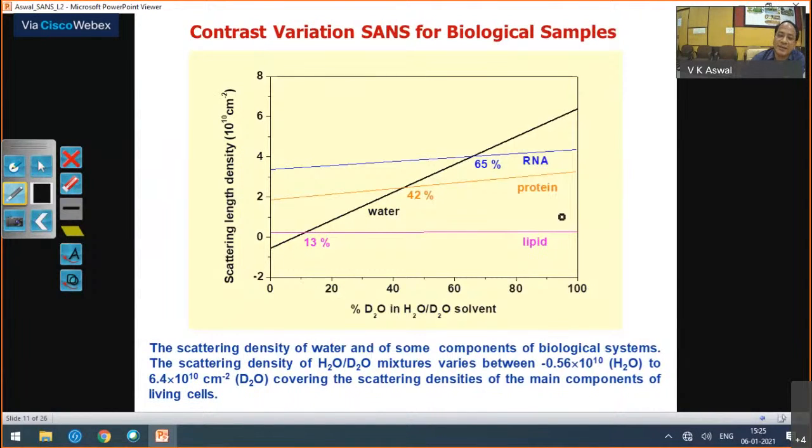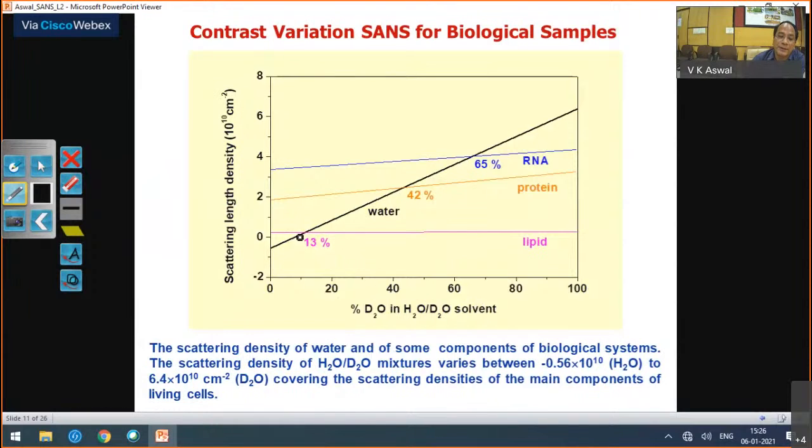And the good thing is that since their chemical compositions are different, you can differentiate them. And different so much that if you take a D2O H2O mixture, you can contrast match these 3 components at different percentages of D2O in the H2O D2O solvent.